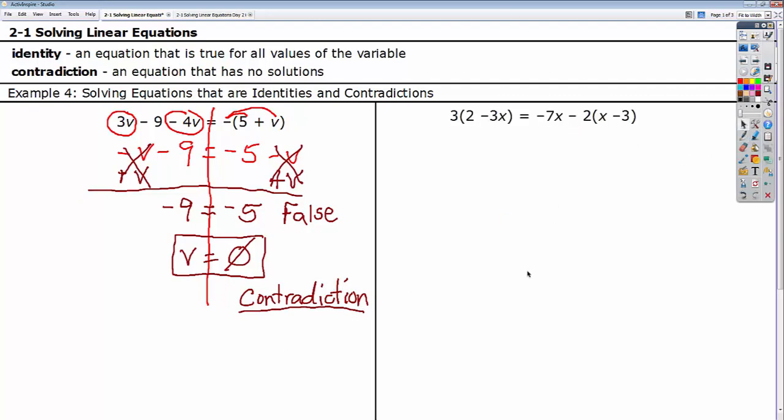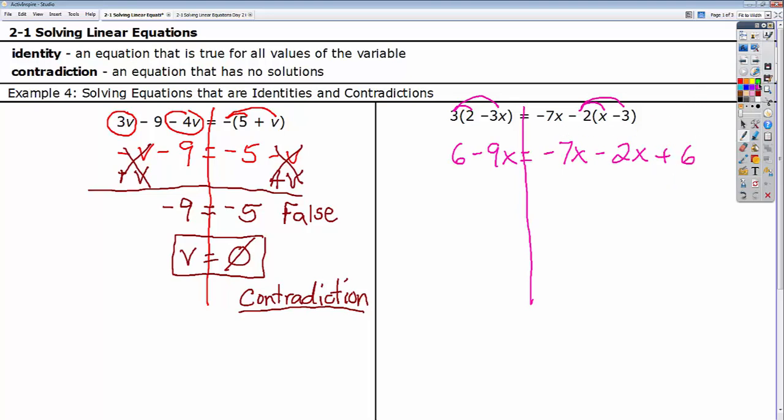Alright, let's take a look at this one over here. Same deal. We're going to distribute over here. So that is 6 minus 9x equals. This whole negative 2 right here is going to get distributed into the parentheses. So that's negative 7x minus 2x plus 6.